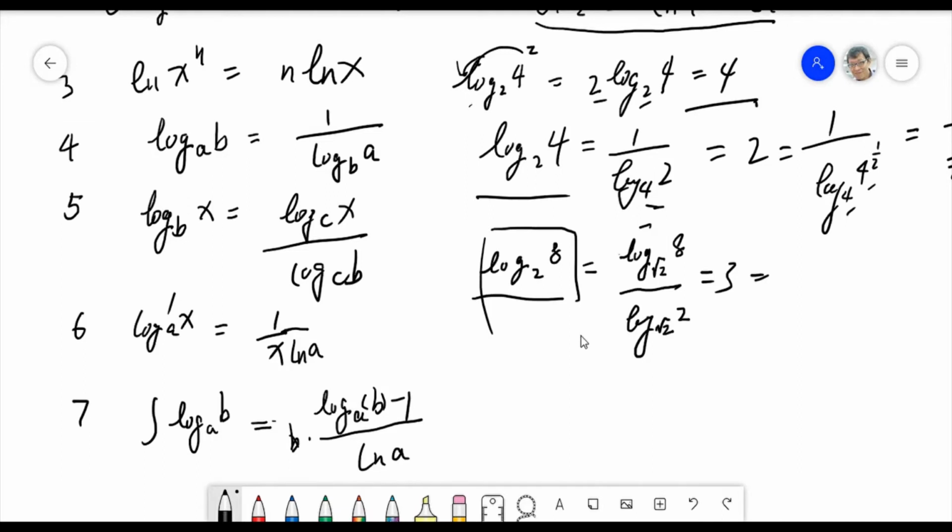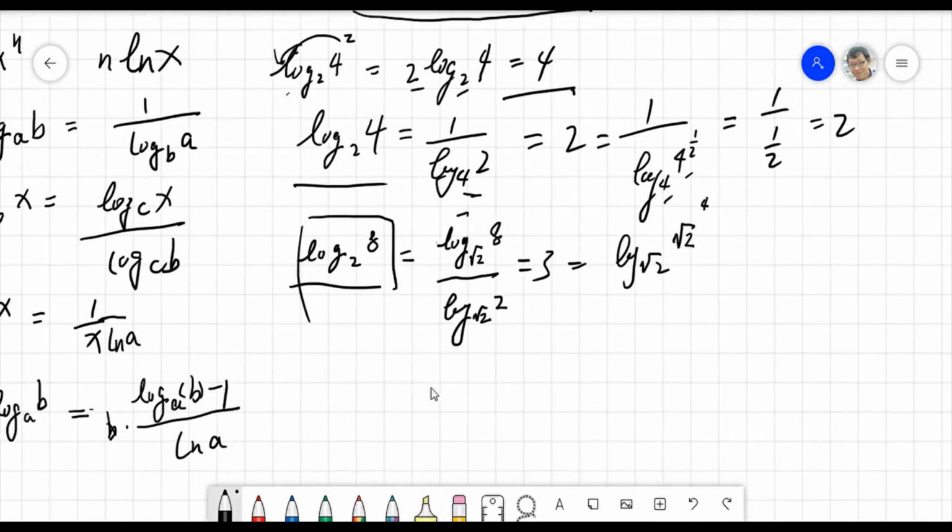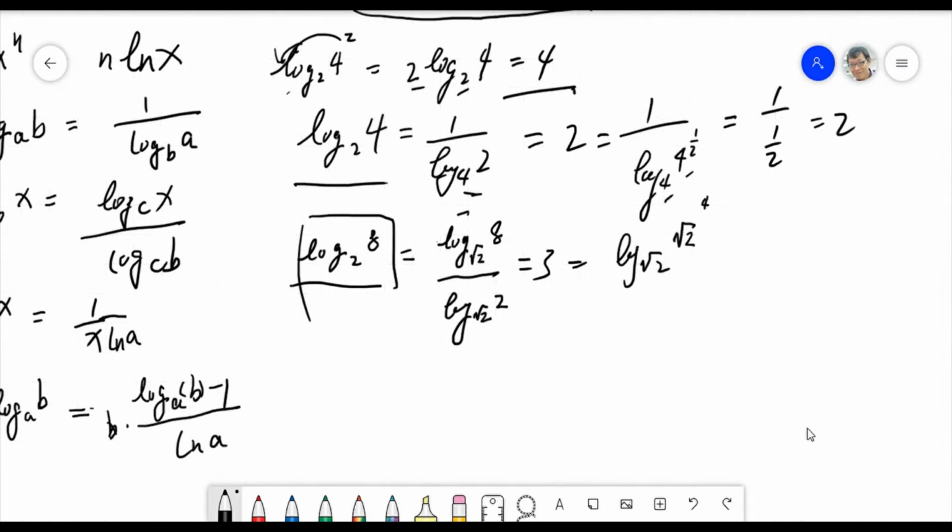So log base square root of 2 of 8, square root of what? Square root of 4 is square root of 2 times square root of 2, so it's like 4, but here is 8, so it's not. So it's 5, or 6. Yeah, 6.